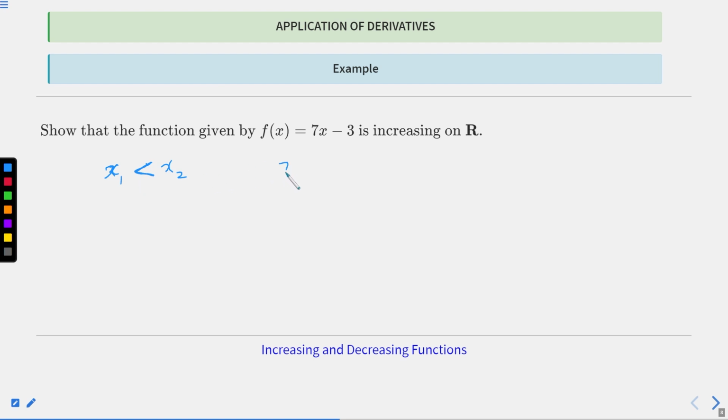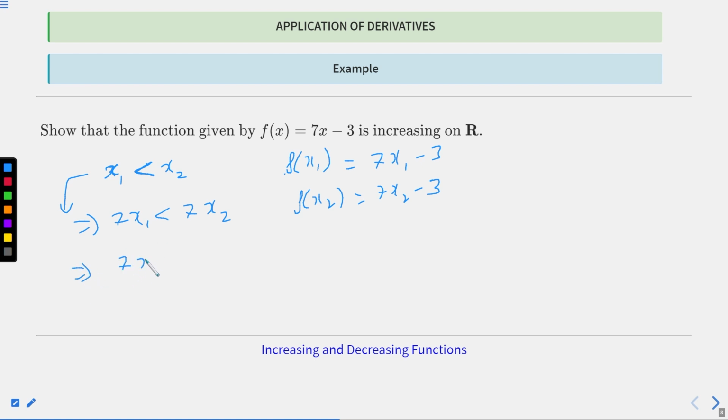Then f(x1) is 7 times x1 minus 3, and f(x2) is 7 times x2 minus 3. Now, as x1 is less than x2, 7 times x1 is also going to be less than 7 times x2.